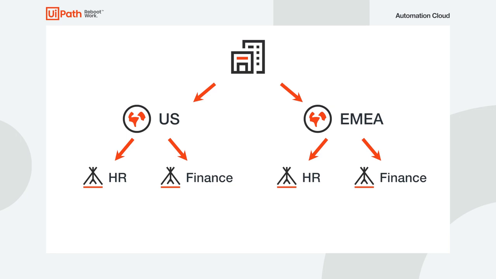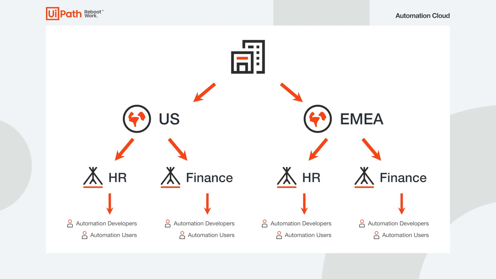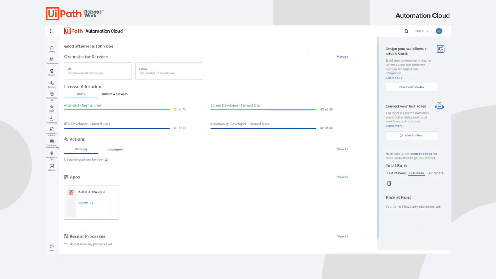In terms of employees, each of these departments have automation developers, those who design automation projects in Studio, and automation users, those who use the automations on their machines. And then there are organization administrators, who are in charge of configuring and managing Automation Cloud for everybody across branches and departments. Let's see how an admin would go about getting started with Automation Cloud.